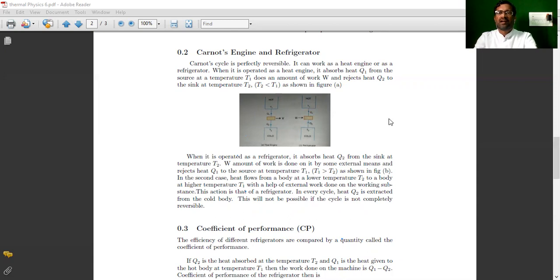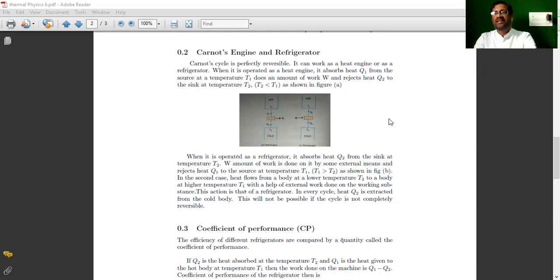In the reverse Carnot's operation cycle, heat flows from a body at a lower temperature T2 to a body at higher temperature T1 with the help of external work done on the working substance.